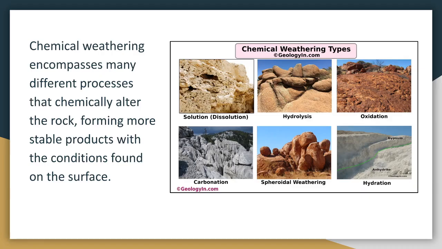They can also remove other substances, for example by dissolving them, and leave the most stable minerals, which were maybe formed under lower pressure and temperature, so they are a bit more stable at the surface. So they can be chemically unchanged and weathering resistant.